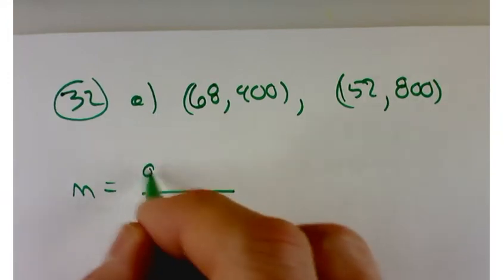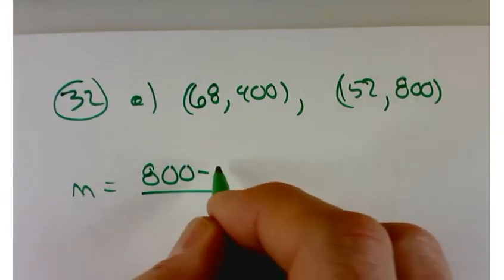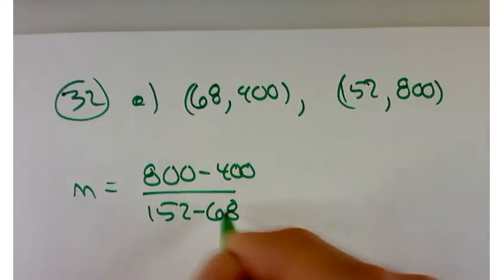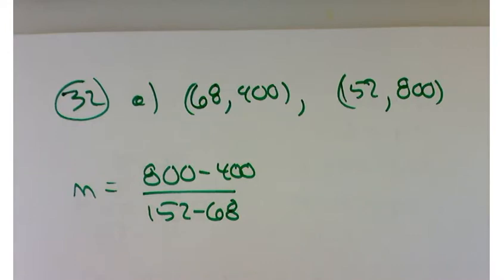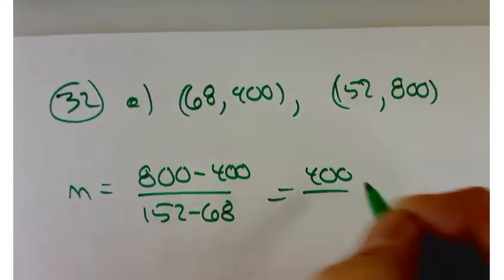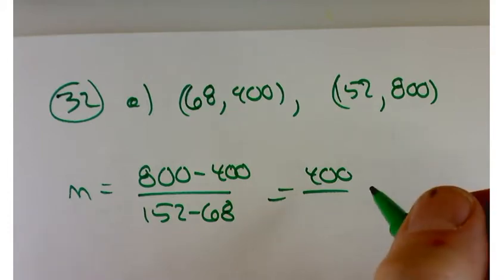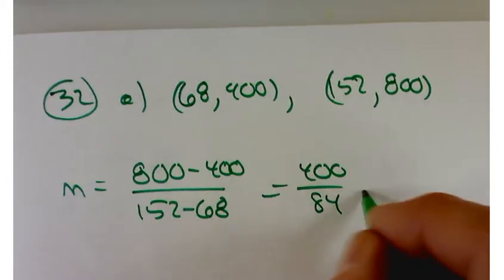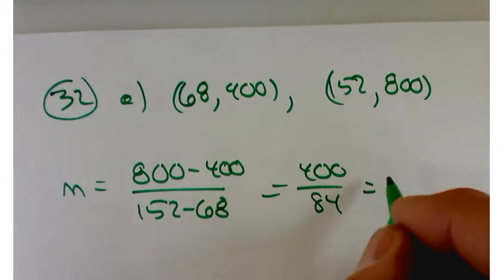So it's going to be 800 minus 400 over 152 minus 68. So 400 over, what, 84? So we're getting about 4.76.